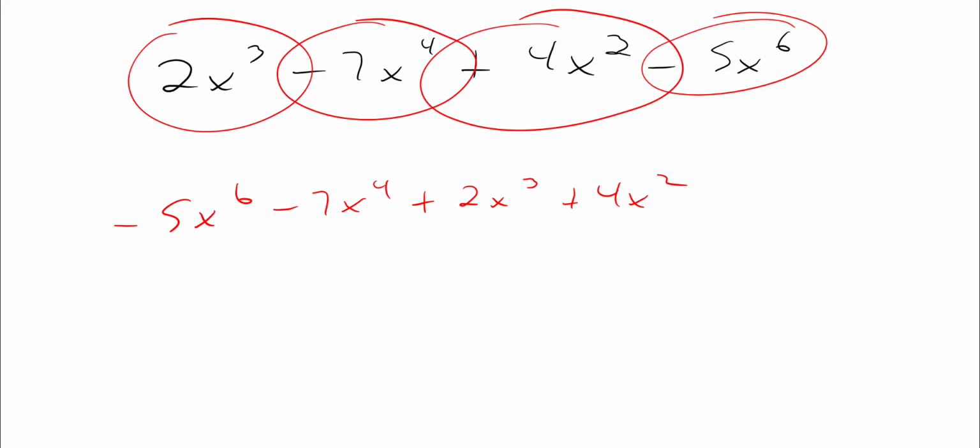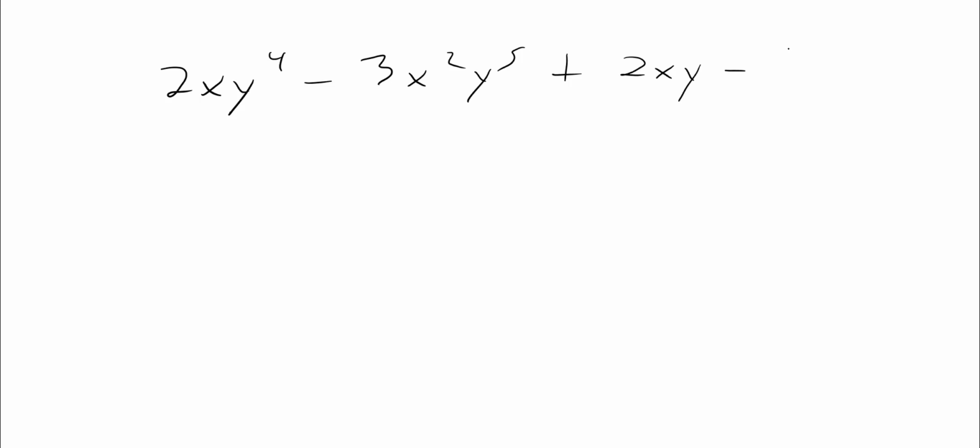So let's do one kind of crazier one. Let's use more variables. So if I said 2xy to the fourth minus 3x squared y to the fifth plus 2xy minus 4x squared y squared.